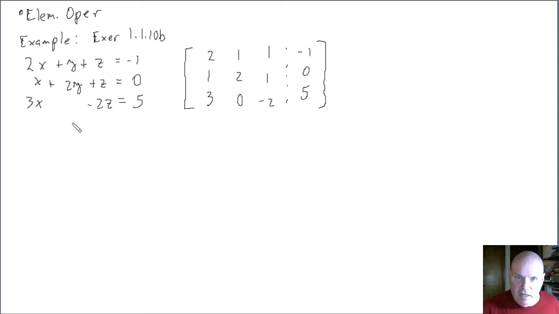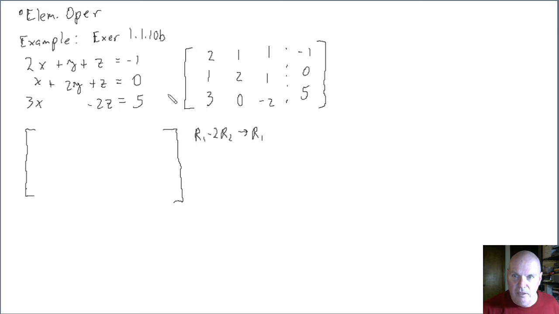So I will write down the corresponding operations here for the augmented matrix. The first one I'm going to do is subtract from row 1 two times row 2 and replace row 1 with the result. By doing that, I can see that I'll eliminate the first term in row 1.